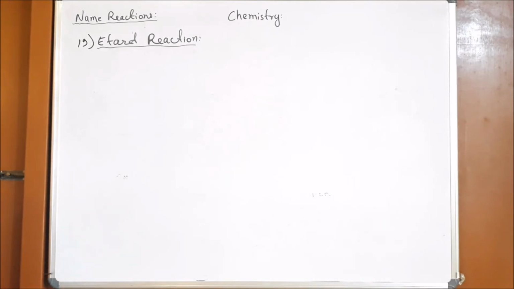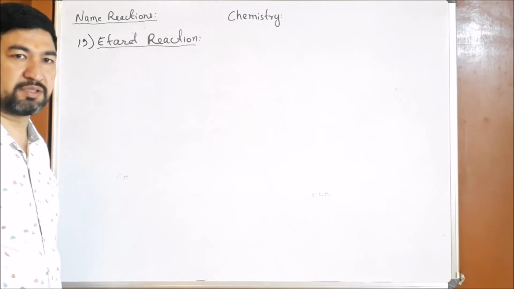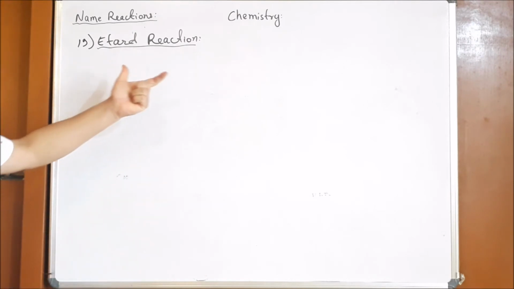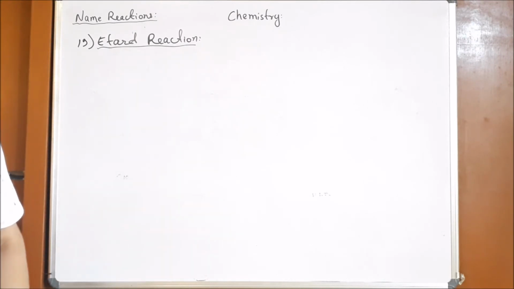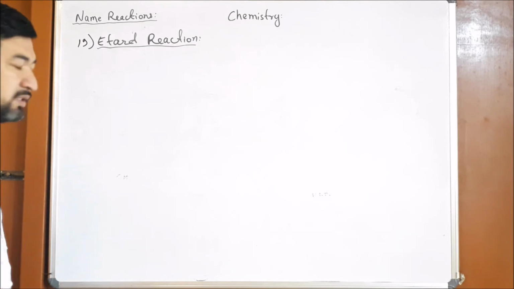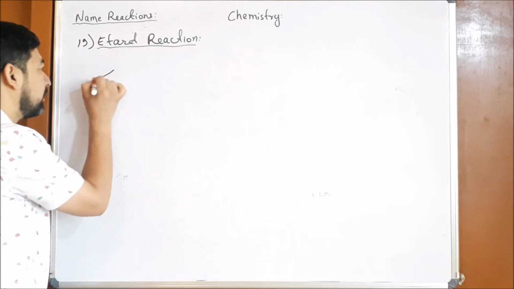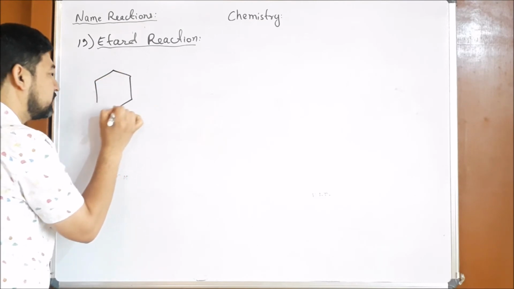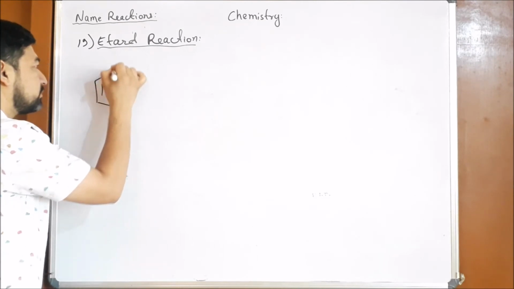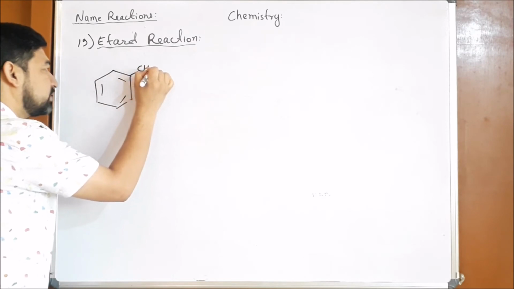The next reaction is the Etard reaction, in which toluene is converted into benzaldehyde with the help of chromyl chloride. The reaction is like this. We have toluene, CH3.